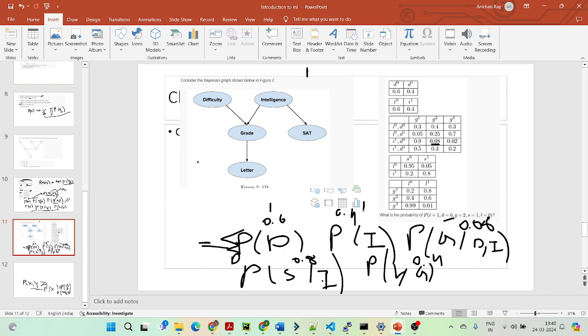After that, you are marginalizing over G, the probability of G given D and I. So you have to sum over this full expression. Suppose D is 0.6, I is 0.4, and G is like that, and you calculate all the sums here.